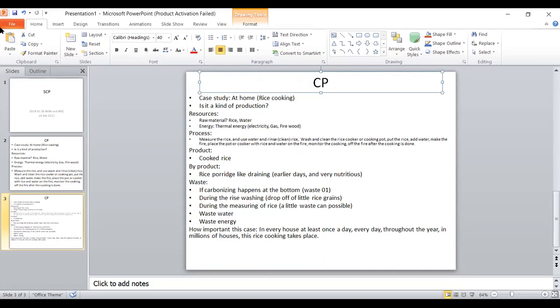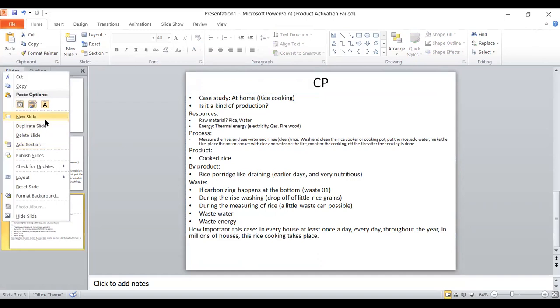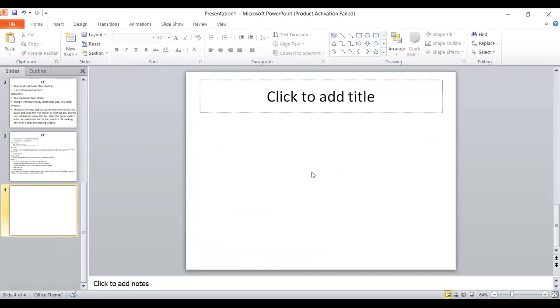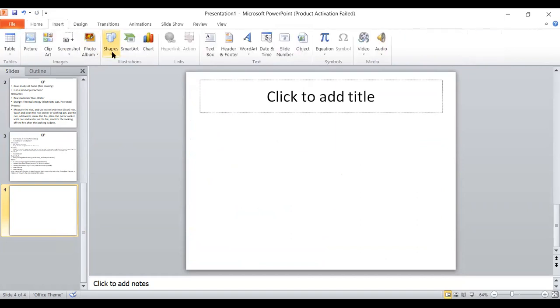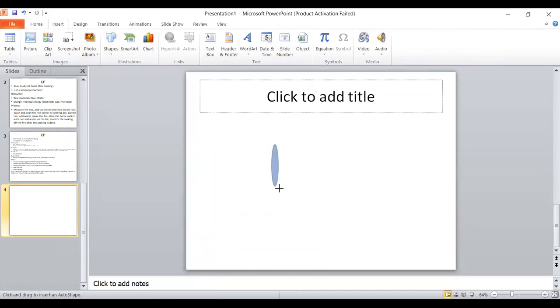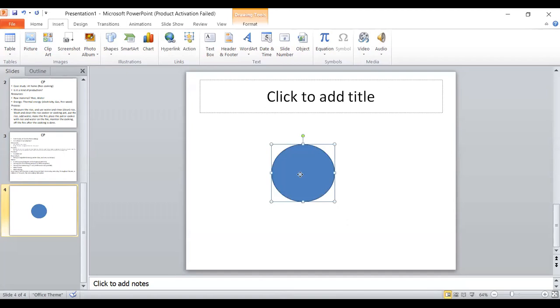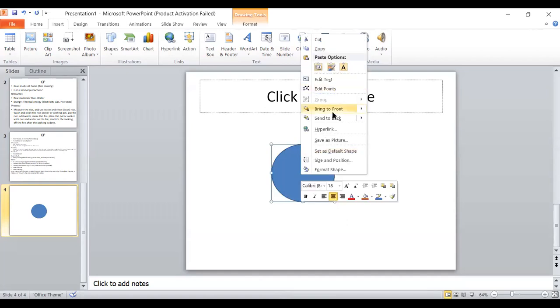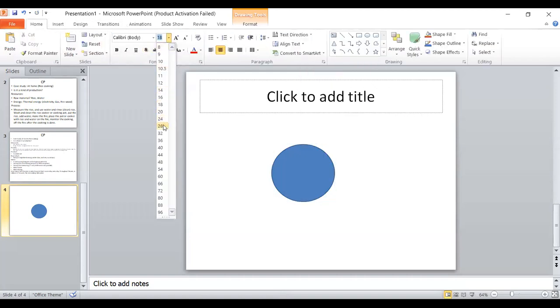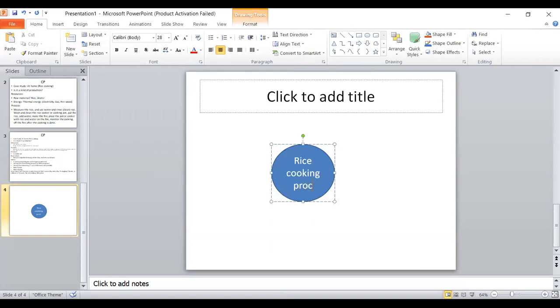In this case, if you're looking into a slide, let's say this is your rice process.